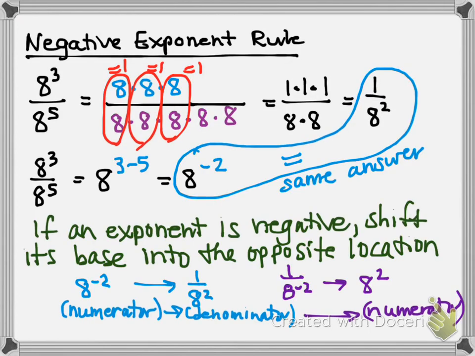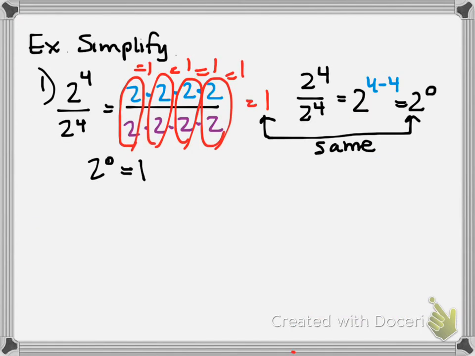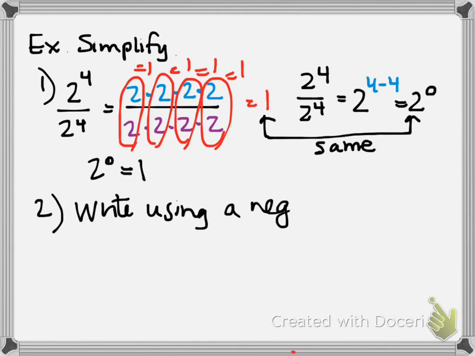So let's do a couple quick examples on your other side. If the directions say write using a negative exponent, so we're going to do this backwards.